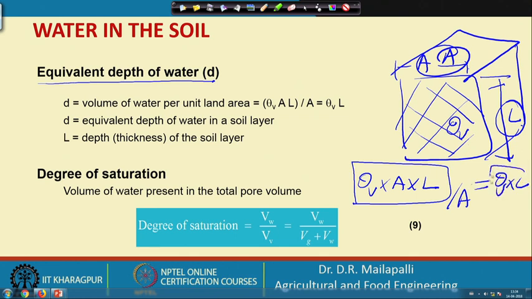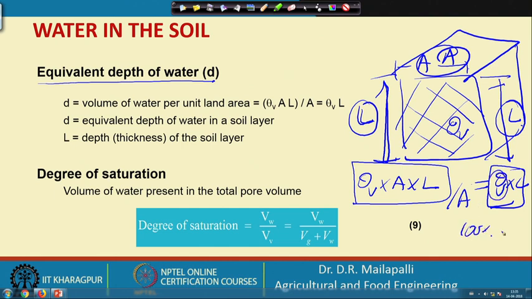So that is the water available in this depth of soil, L. So that is theta v into L. What happens if theta v is 100%?